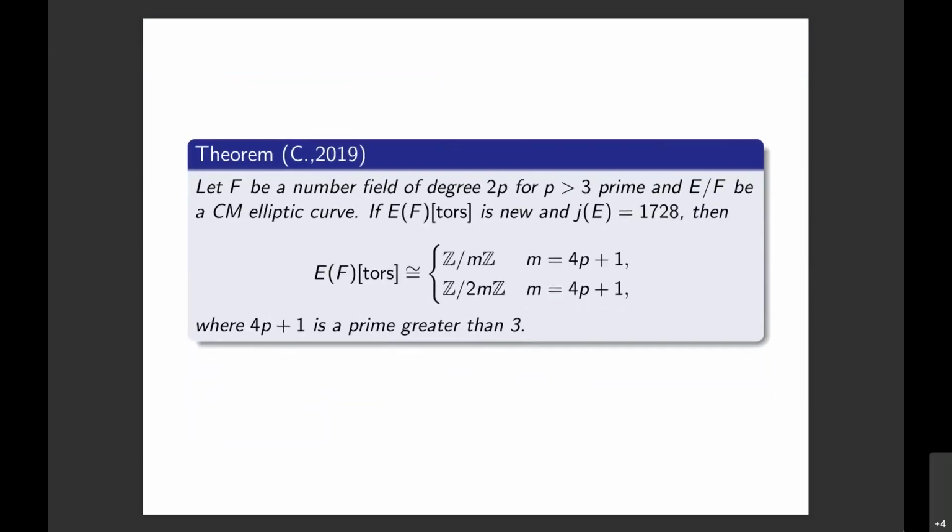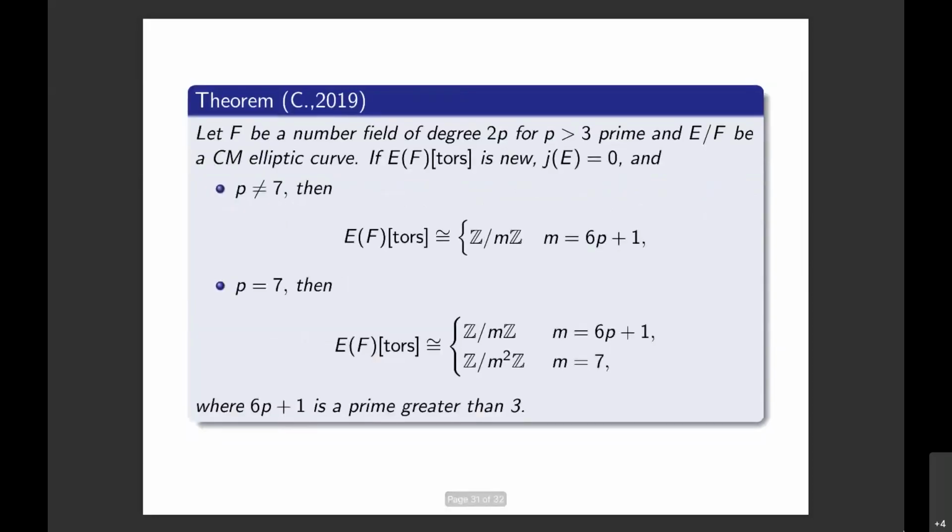If the j-invariant is 1728, and we have new torsion for degree 2p, then the torsion subgroup is going to be isomorphic to Z mod MZ or Z mod 2MZ, where M is 4p plus 1. But again, we need that 4p plus 1 to be prime.